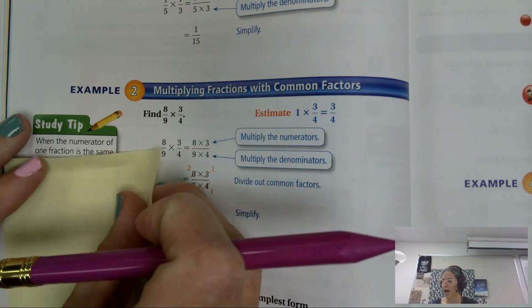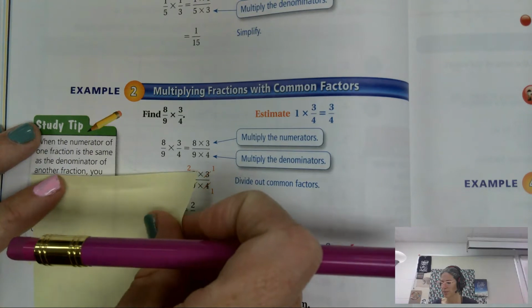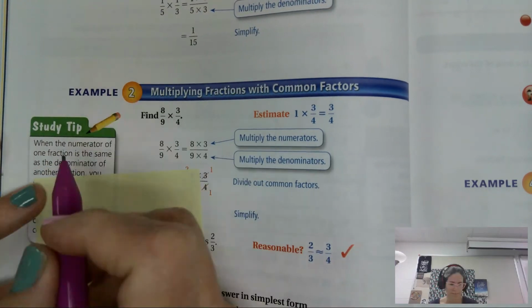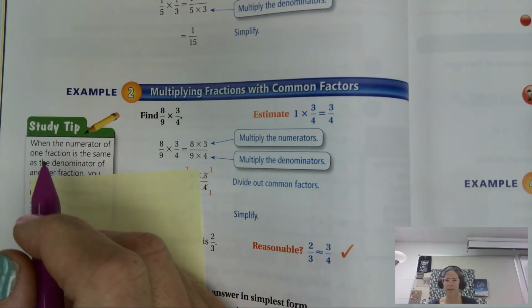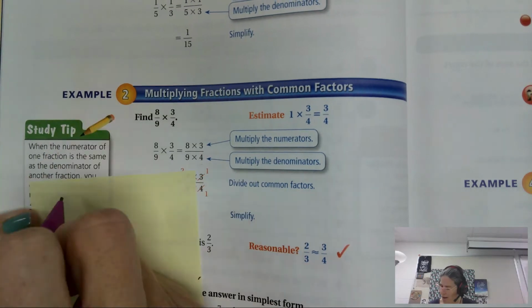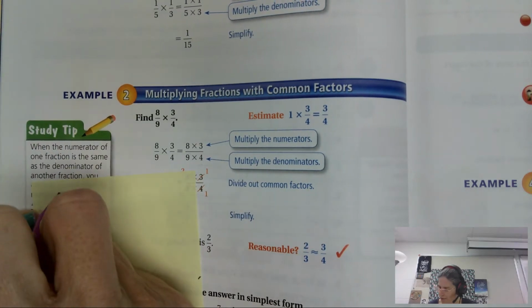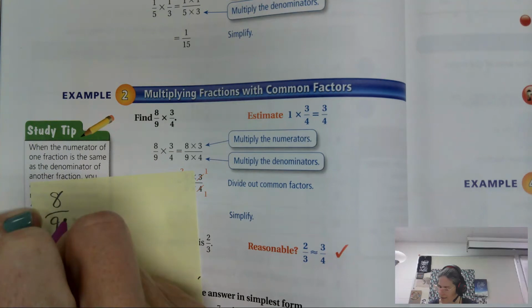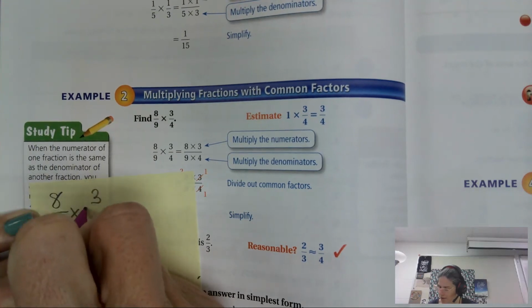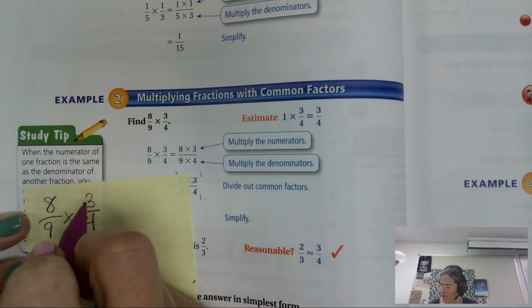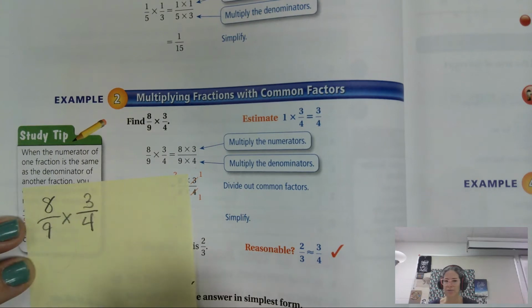So the way I do it, and I do it a little bit different than the book, so let me just show you here, because I did not write this down on my notes. I did some extra examples. So if I had 8/9 times 3/4, 3 and 9 have a common factor of 3.